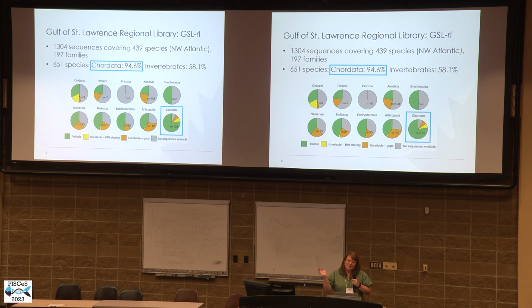For invertebrates, it's lower, but still really good if you compare with other regions around the world. 58% recovery for those species is quite good. But you see that there's a lot of gray in those other pies, and the problem of lacking reference sequences is an important problem, and this provides unreliable species assignments due to gaps.